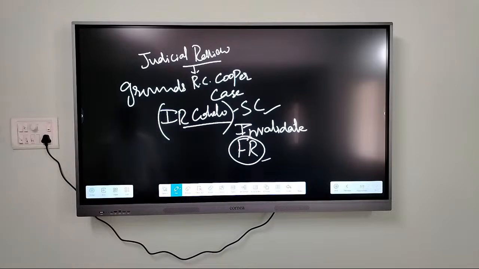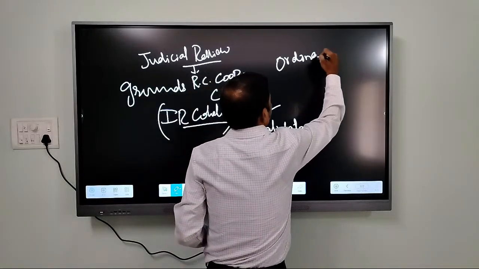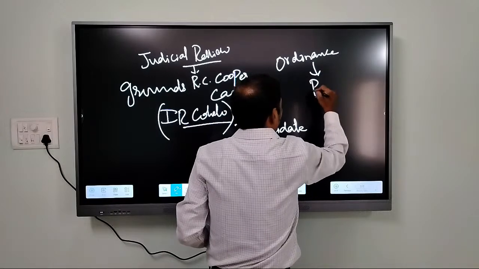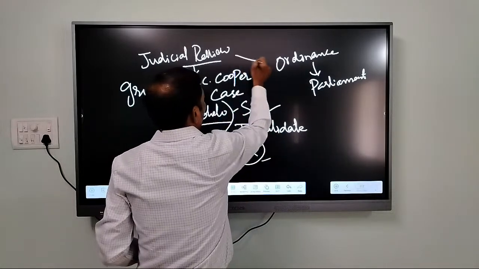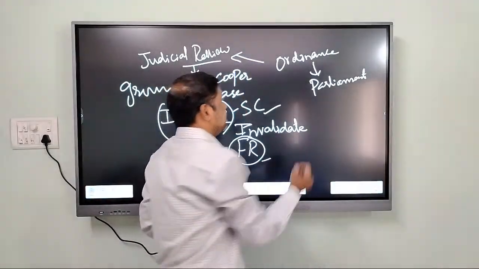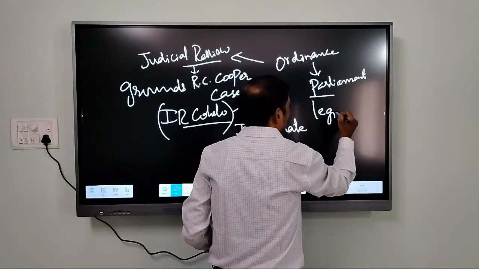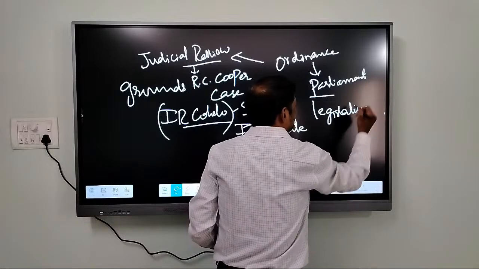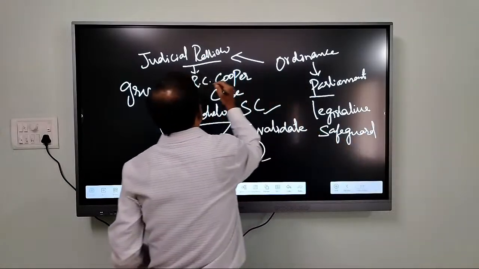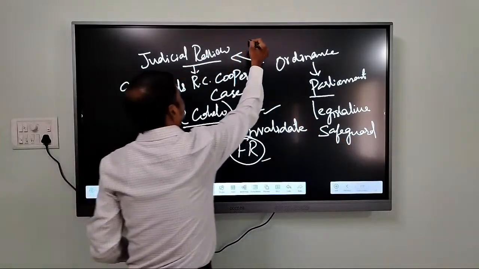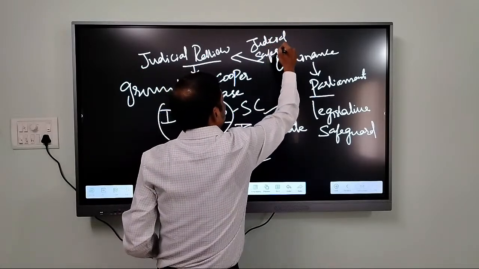There is a discussion in Parliament, right? The ordinance is placed in Parliament, and at the same time there is also judicial review. Discussions, debates and passage in Parliament are a legislative safeguard, whereas judicial review acts as a judicial safeguard.